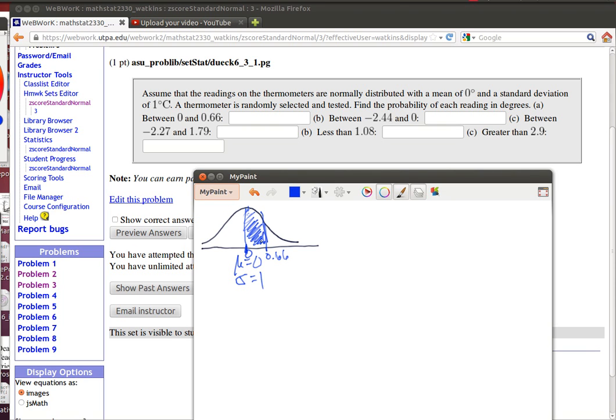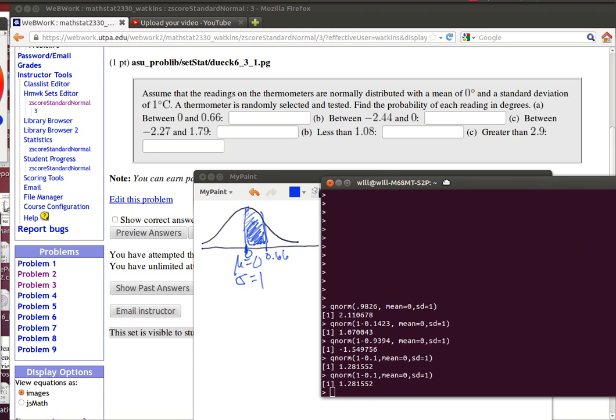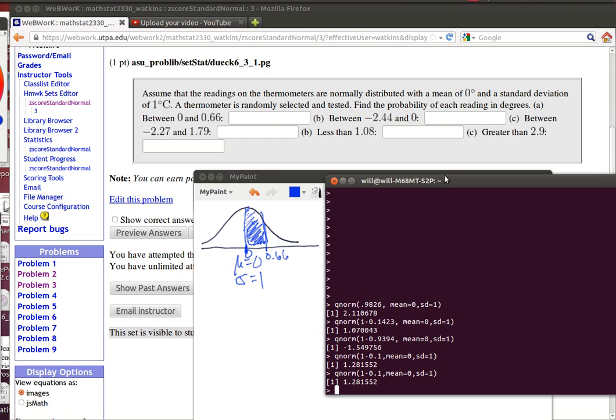Now the nice thing is that R has some functions that will find areas for us. They're called the probability function for a normal distribution. So we're going to look at the probability function of a normal distribution. If I look at 0.66 in a distribution that has a mean of 0 and a standard deviation of 1, that's not quite the answer that we're looking for.